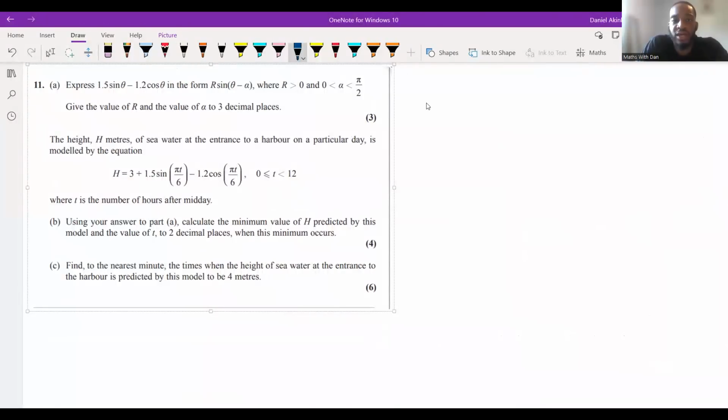What you're doing here is using the compound angle formulas for sine. So we'll put 1.5 sin theta minus 1.2 cos theta.